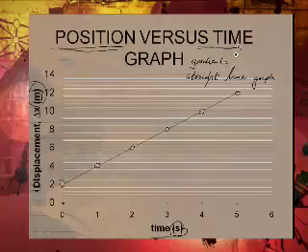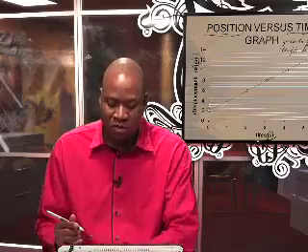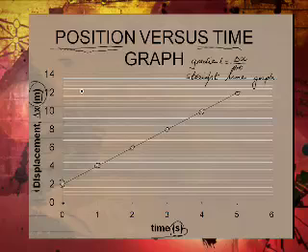So gradient will be, in this case, equal to change in displacement, which is delta x, divided by change in time, delta t, which would actually be the x values along the horizontal in our mathematical relationships. Now let's work it out here.